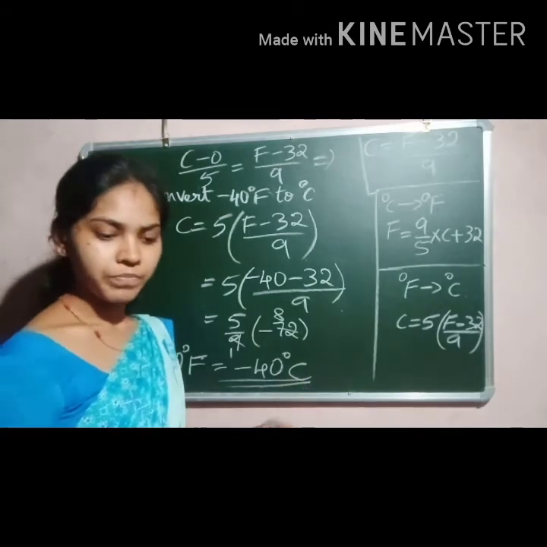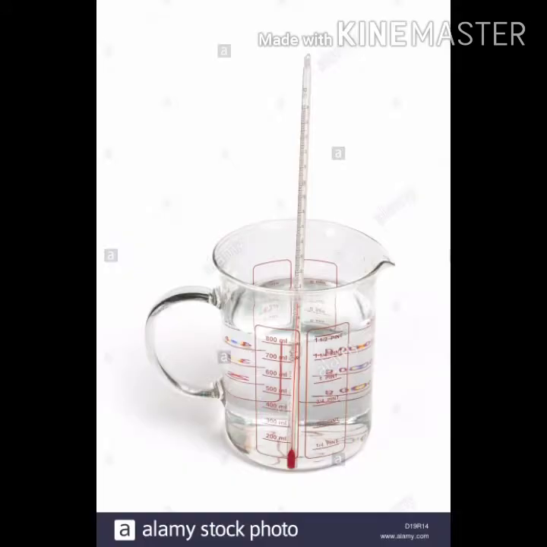Got it? Now let us discuss how to use the thermometer. To use the thermometer, place its bulb in contact with the object whose temperature is to be measured, and watch the level of mercury in the stem.